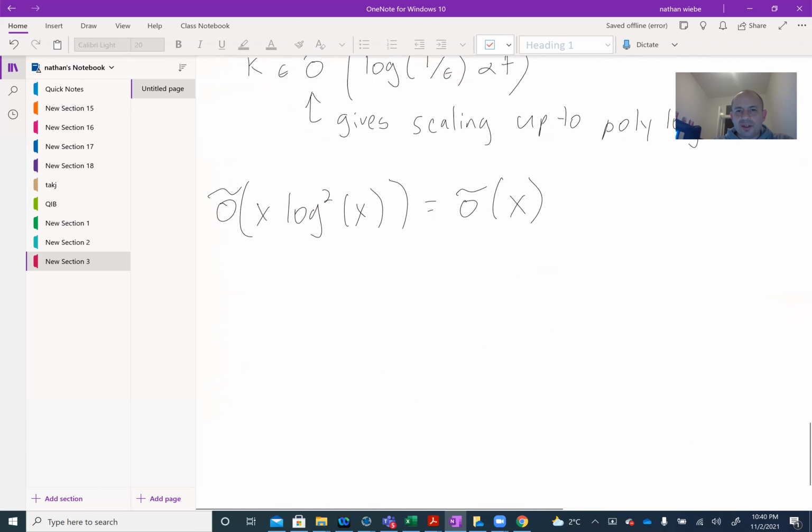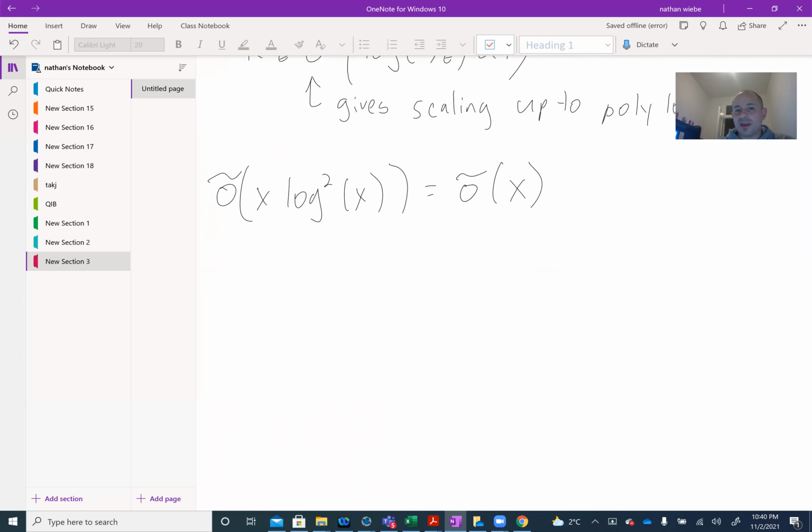Now, what we're going to need to do is take a look at the singular value transformation. We found that k having this particular scaling will give us the proper value, but we need to spend a little more time figuring out how to actually build the appropriate polynomial.